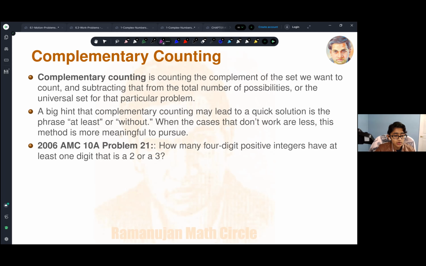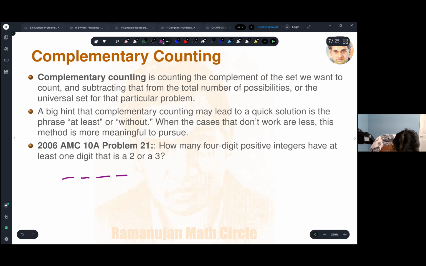All right, so let's do an example. How many 4-digit positive integers have at least one digit that's a 2 or a 3? In a previous example, we already figured out, based on the multiplication principle, how many 4-digit numbers exist. There are 4 digits.